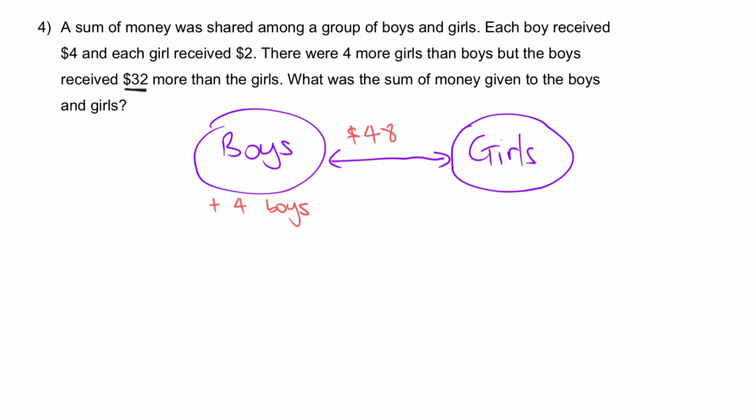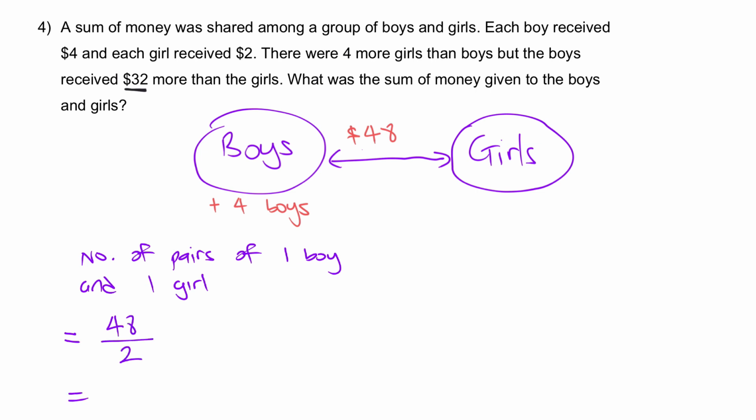We can figure out the number of pairs of 1 boy and 1 girl. It's equal to 48 divided by 2, and we will get 24 pairs, which means there's 24 boys, there's 24 girls.